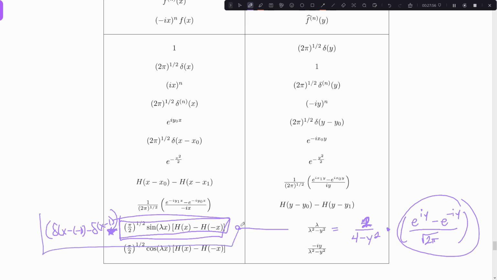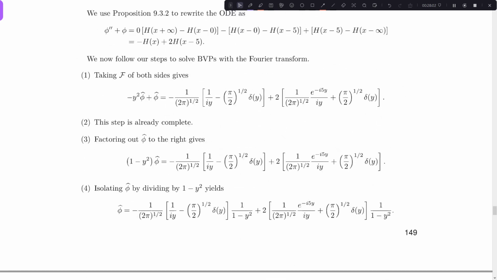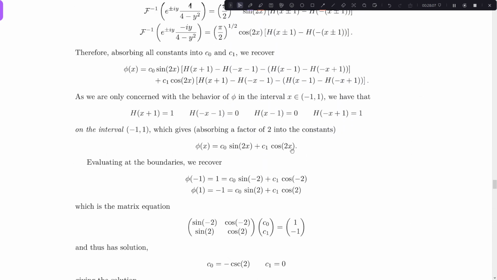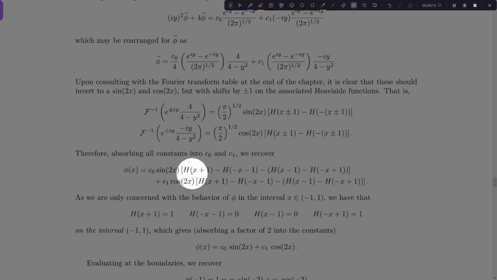And when I compute a convolution of those two, then what ends up happening is I gain some shifts. But, right, so here's the shifts that I would gain out of the convolution. H of x plus 1, h of negative x minus 1, h of x plus 1, h of x minus 1. So these are the shifts I gain out of convolution, and same with the cosine terms.